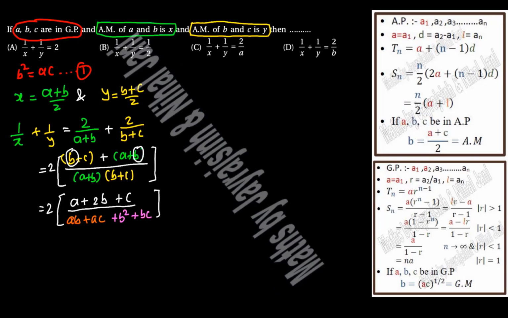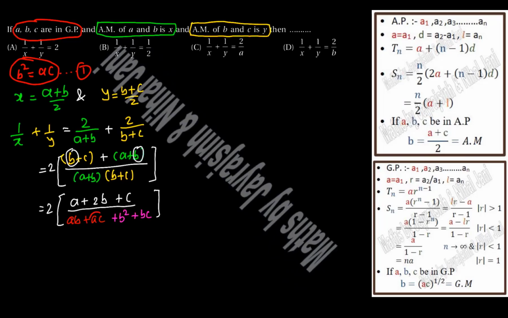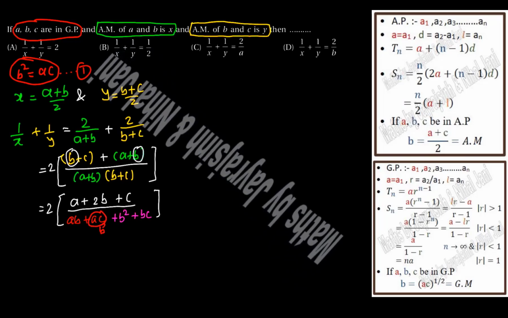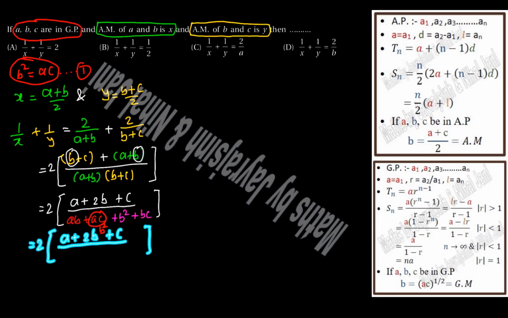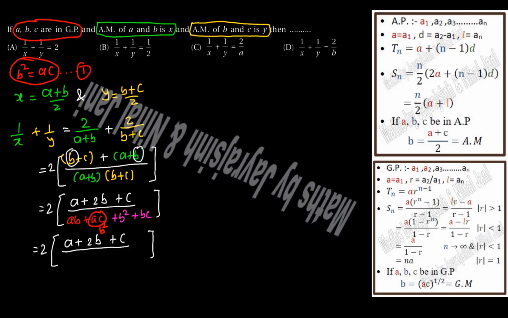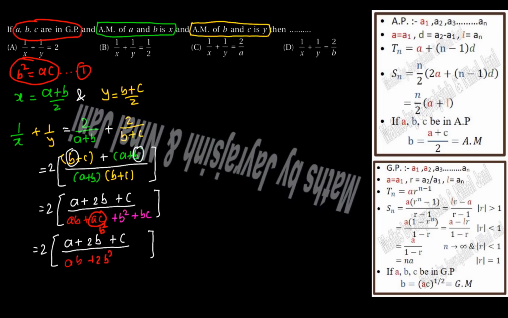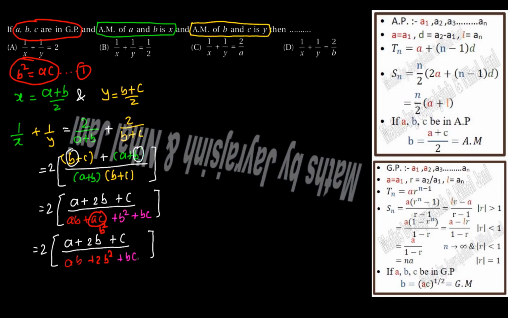Now we already know that b square is equal to ac, so instead of ac we can write b square. So numerator will be as it is, and in denominator we'll get ab, b square plus b square, or we can say 2b square plus bc.